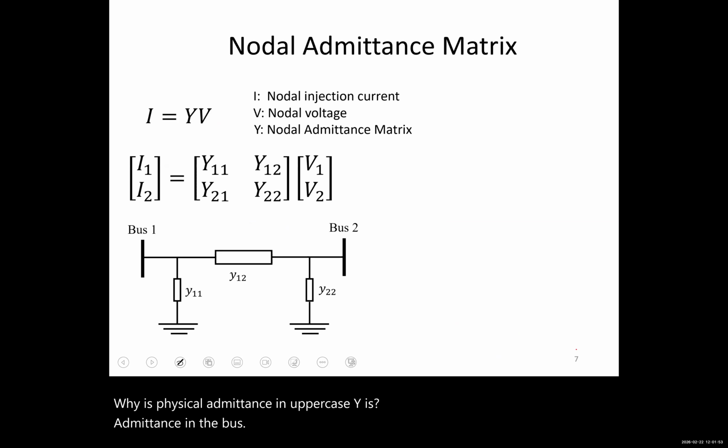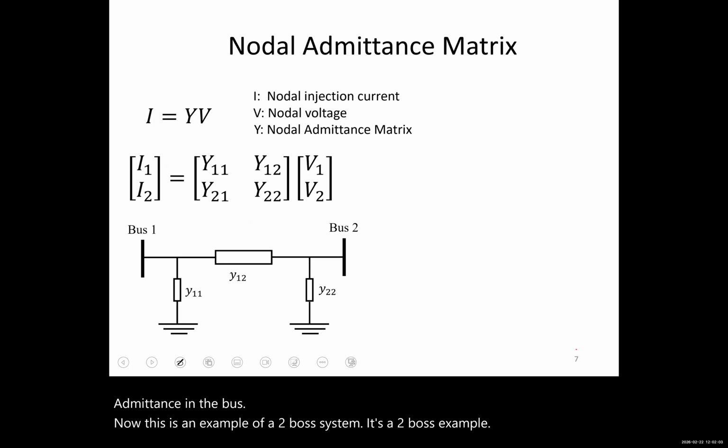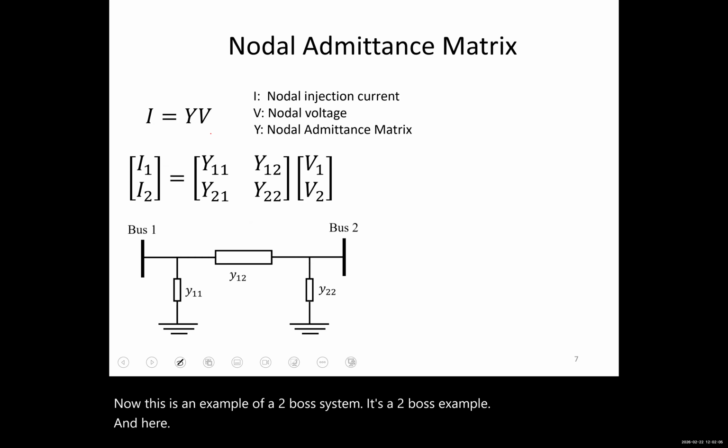Now, this is an example of a 2-bus system. Again, Kirchhoff's law is I equals YV.